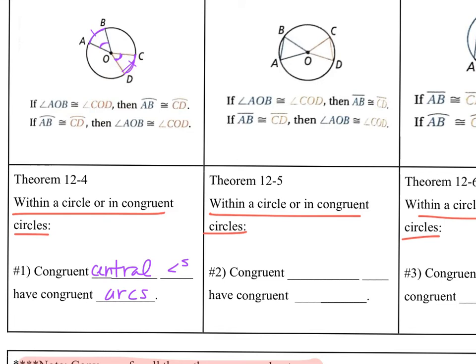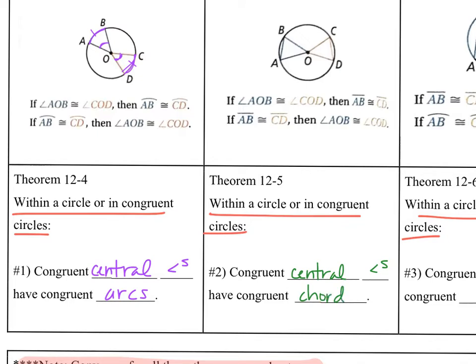The second one says within a circle or in congruent circles. So it doesn't have to be in the same circle. If I had 2 circles that were congruent to each other, then these theorems apply. This one says if, within a circle or in congruent circles, congruent central angles have congruent chords.